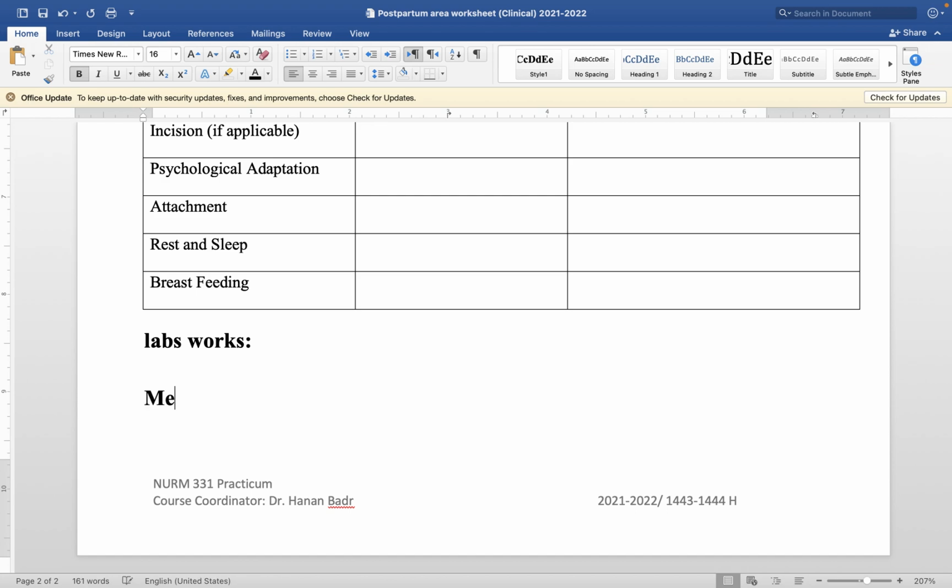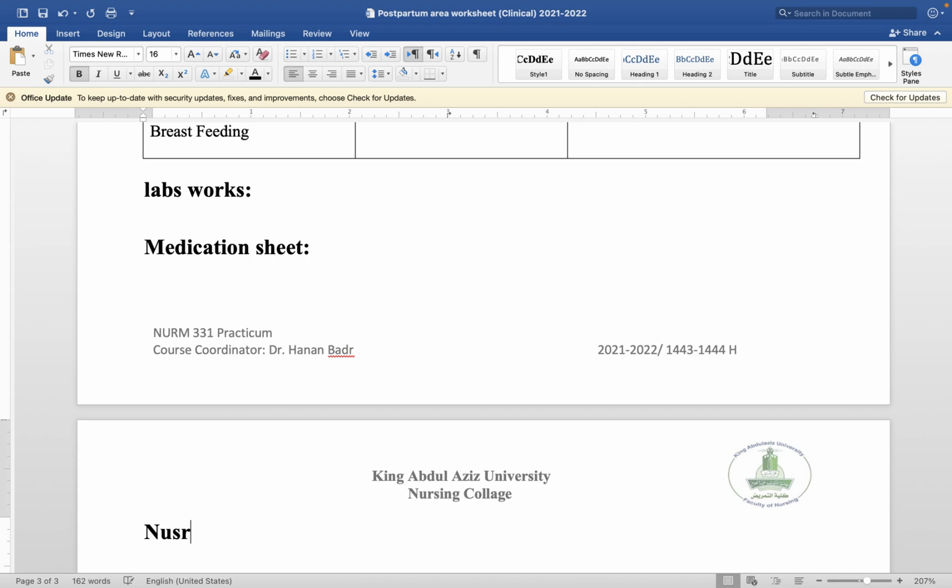And also in addition to that, the medication sheet. The medication sheet is always available on Blackboard, and it is a table where you will list the medication that the patient is taking: the name, the category, mechanism of action, the dosage, and the route by which the patient received the medication, and the side effects and nursing interventions. Last, the nursing care plan.